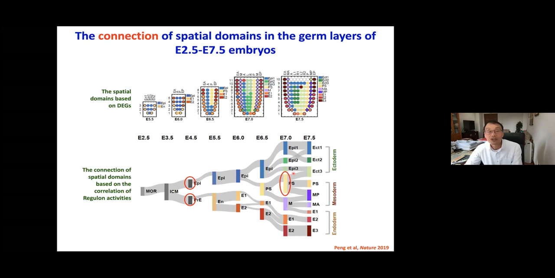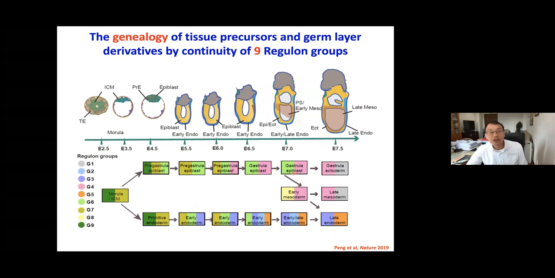From this, you can see the 9 Regulon groups are now derived for the early 3 germ layers. Mesoderm and endoderm separated quite early, and ectoderm and mesoderm have a common progenitor here. Of course, some mesoderm also contributes to the endoderm.